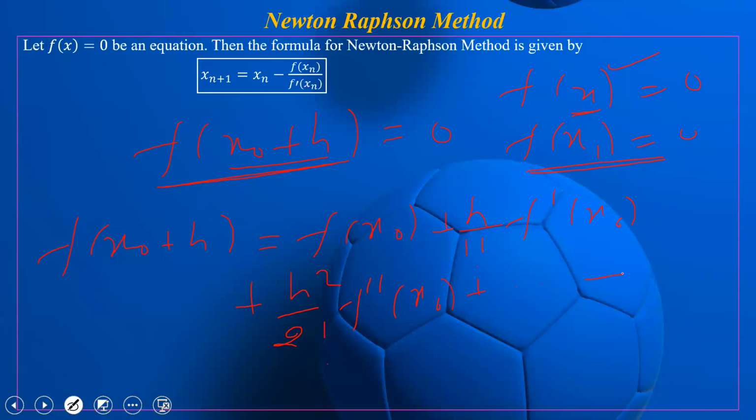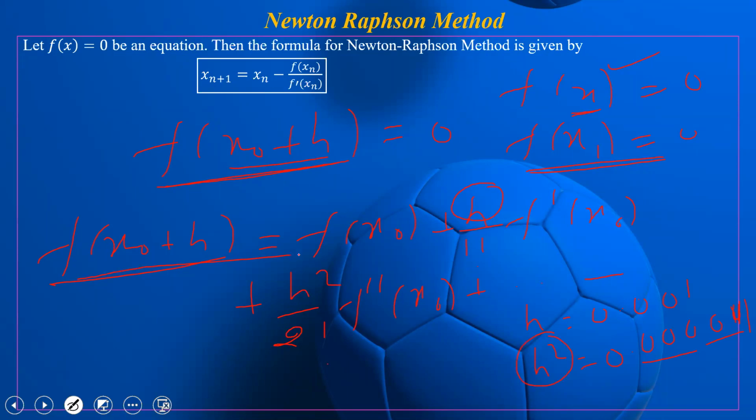This is the Taylor expansion of this function. Since the value of h is very small, suppose for example h is 0.001, then h^2 is 0.000001. So h^2 is very small.